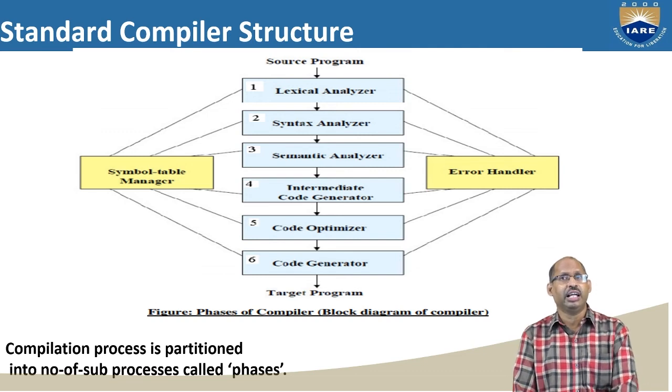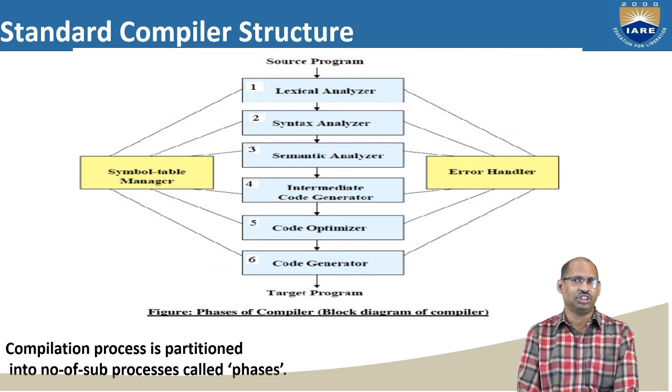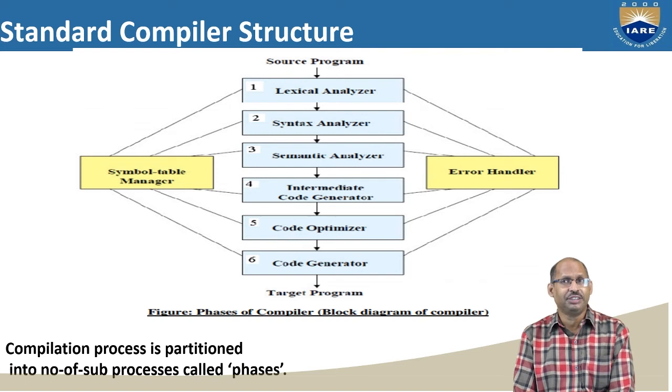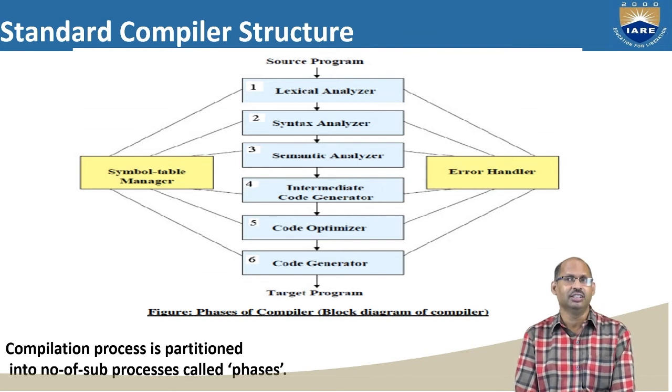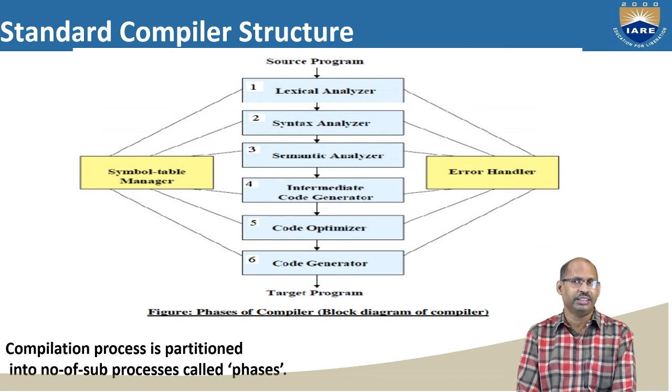So this is a standard compiler structure. We have 6 phases of a compiler: lexical analyzer, syntax analyzer, semantic analyzer, intermediate code generator, code optimizer, and code generator.